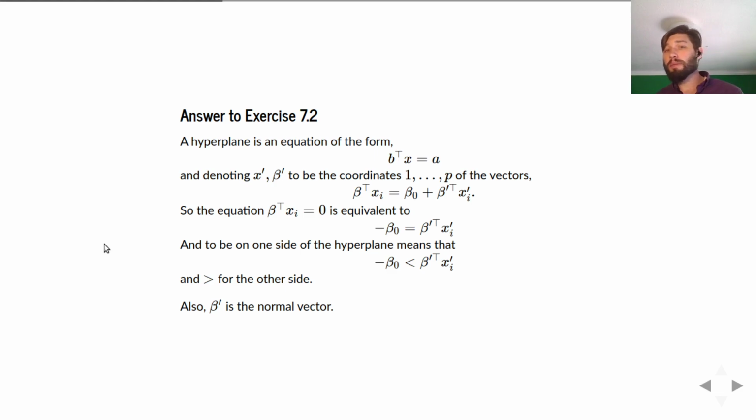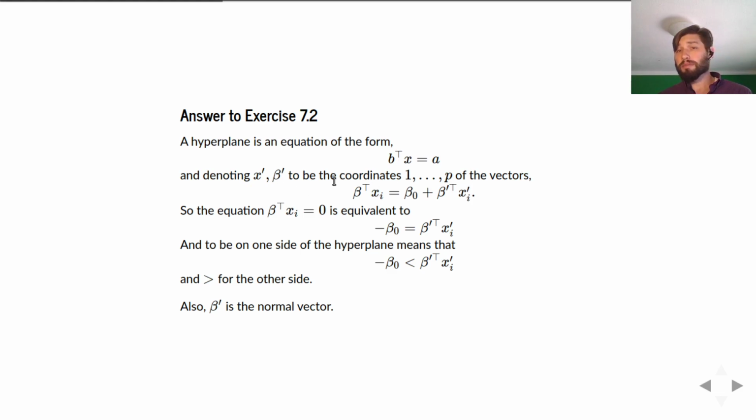So first of all, a hyperplane, what is it? It's just an equation of the following form. It's any x that satisfies B transpose x is equal to A for some vector B. So let's let x prime and beta prime just be the coordinates 1 to p. Remember, there's an intercept term, and I want to omit those. I want to think about everything other than the intercept term. Well, we know that the intercept term x0 is just 1.